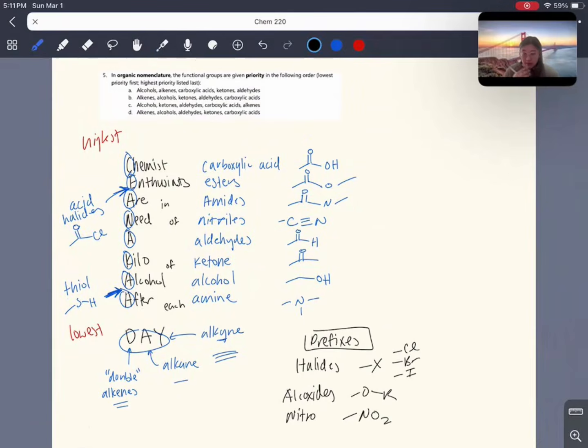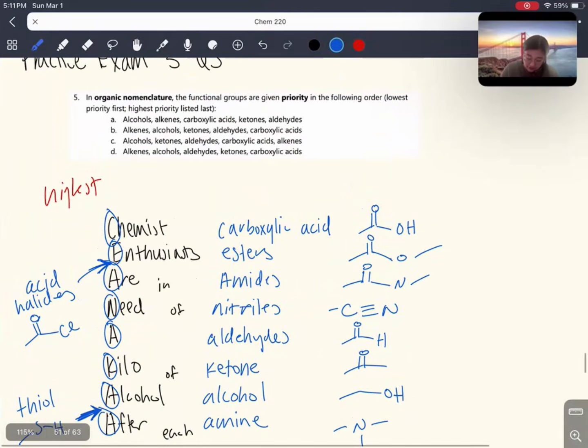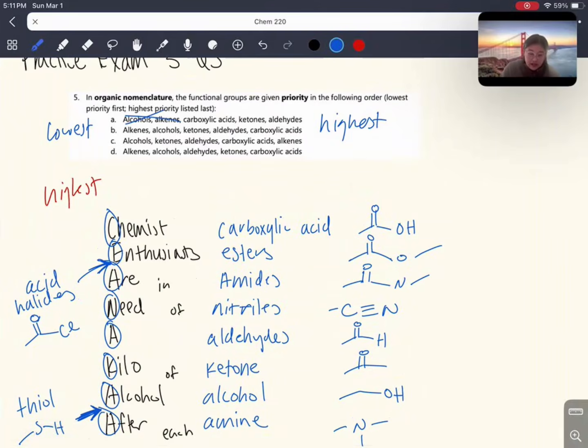Looking at our options provided, if we first look at A, we want lowest on the left and highest on the right. We have alcohols and alkenes, and immediately I know that's wrong because alcohols are higher priority than alkenes.